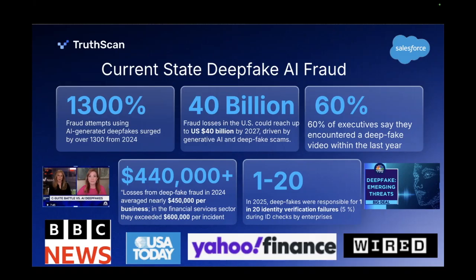In 2025, deepfakes were responsible for 1 out of 20 identity verification failures. People are creating fake IDs, fake documents, fake invoices, and passing them off as real. And if you don't think this is happening, it's already happening right now, and every major publication in the world is talking about it. So that's a little bit about the problem.